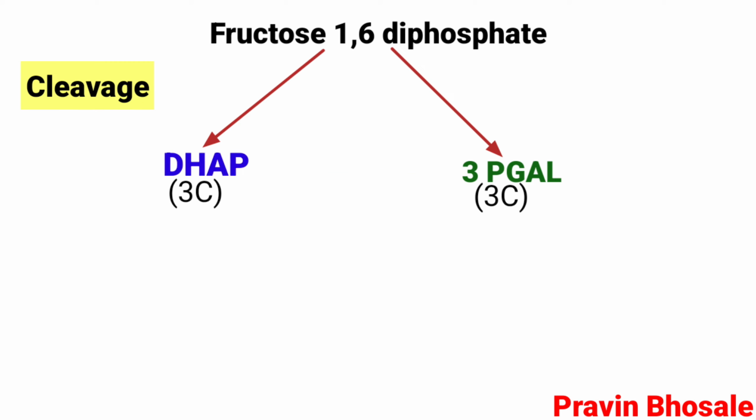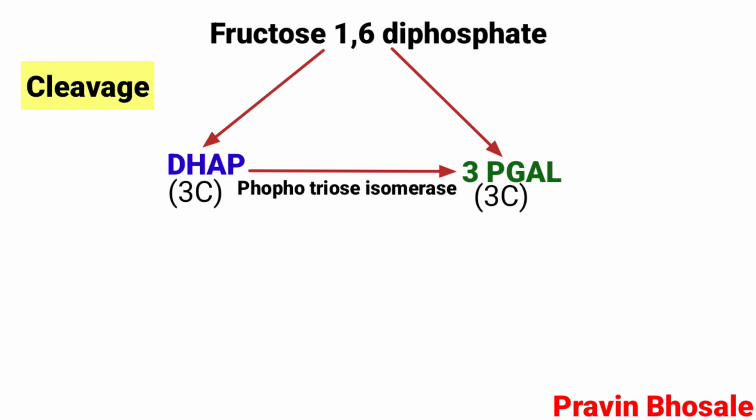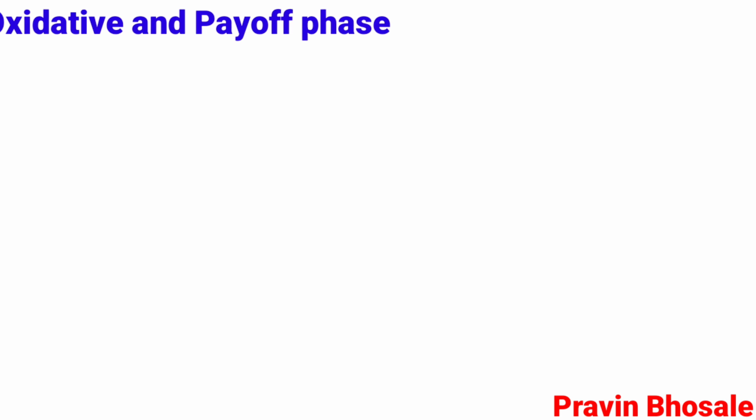So here DHAP is converted into 3-phosphoglyceraldehyde. The enzyme here is phosphotriose isomerase. So now two molecules of 3-phosphoglyceraldehyde are formed.